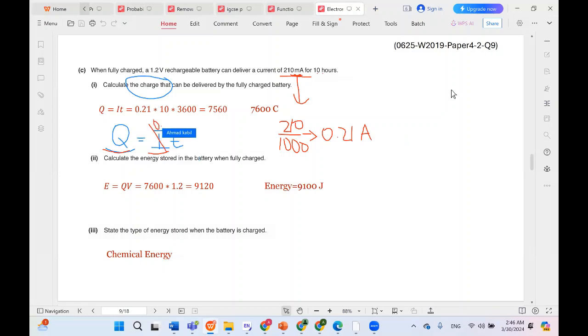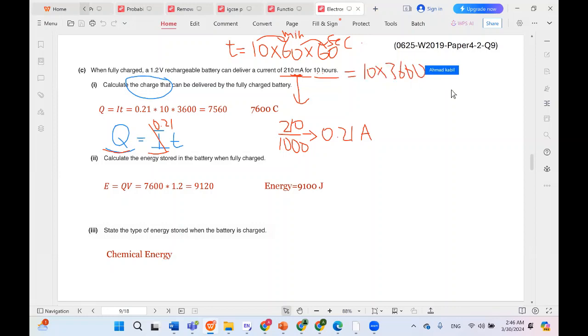So I becomes 0.21. And the time given here is 10 hours. So in order to get it in seconds, you have to multiply by 60 and then multiply by 60 again to go from hours to minutes and then to go from minutes to seconds. You have to multiply by 60 twice. So this is going to be 10 times 3,600.